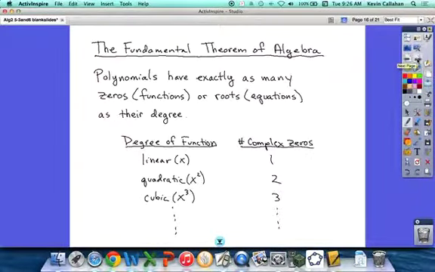All right, now the fundamental theorem of algebra, again, big name for a theorem, says that we expect exactly as many complex zeros as the degree.